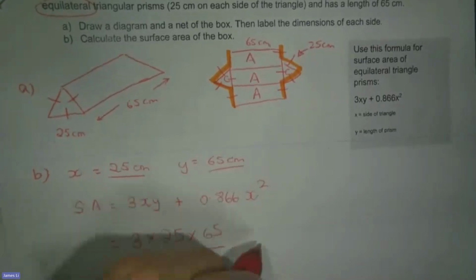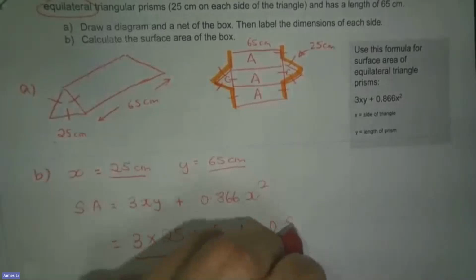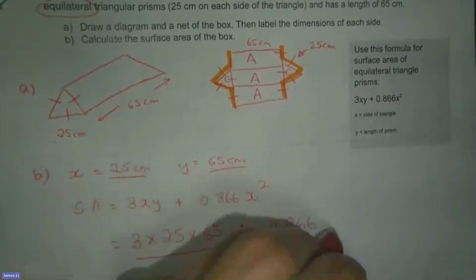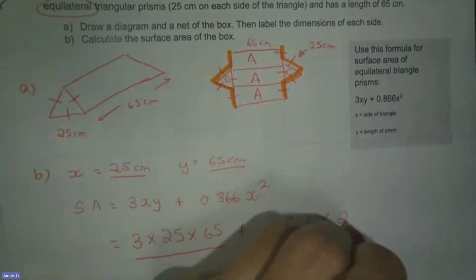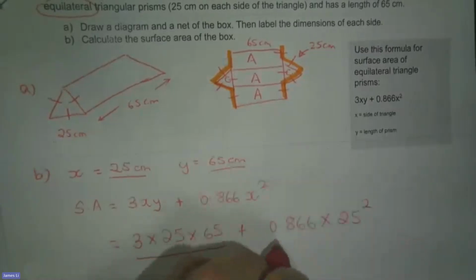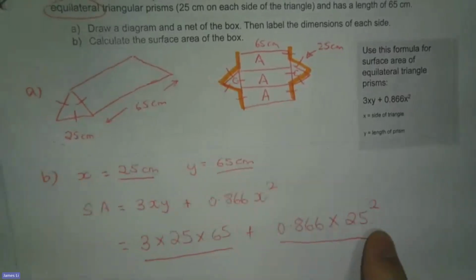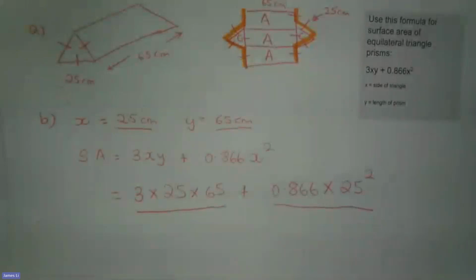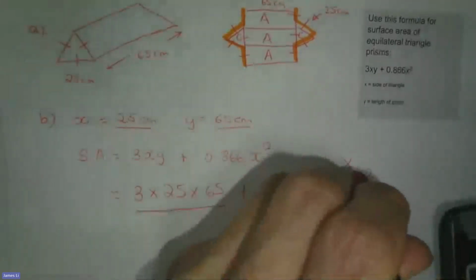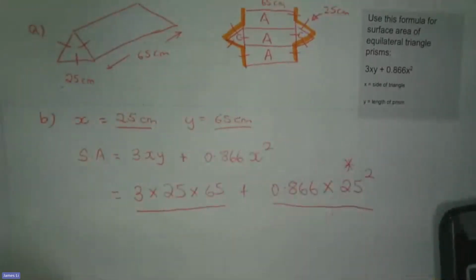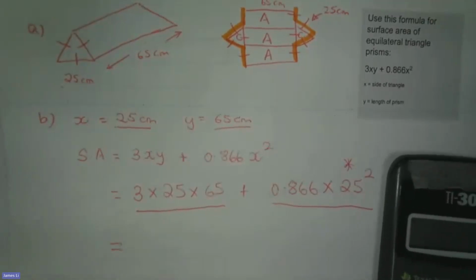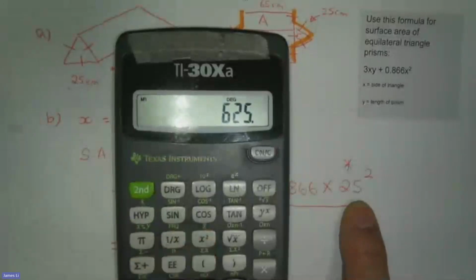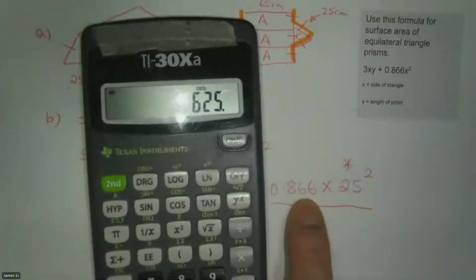There you go, 3xy plus 0.866 multiply x squared. x is 25, so x squared is 25 to the power of 2. Because 25 to the power of 2 is right here, I'm going to start calculating from here. 25 squared, you will get 625.